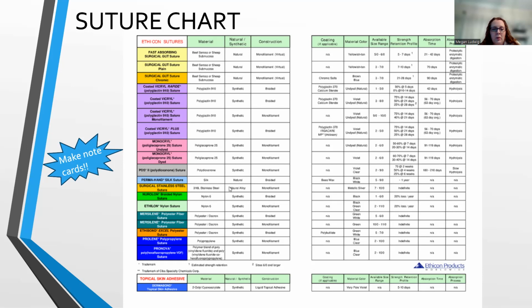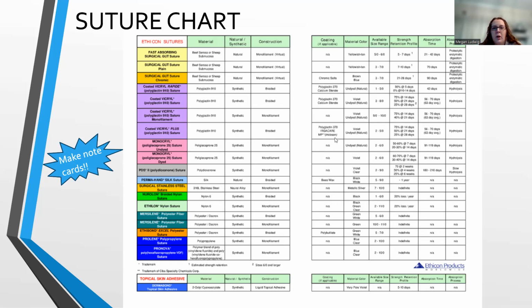There's a few others, but that's a good start there. So the construction is telling you mono or multifilament. It says braided here. Again, braided means multifilament. There are certain tissues in which a monofilament might be preferred over multifilament. It kind of just depends on what you're working on.